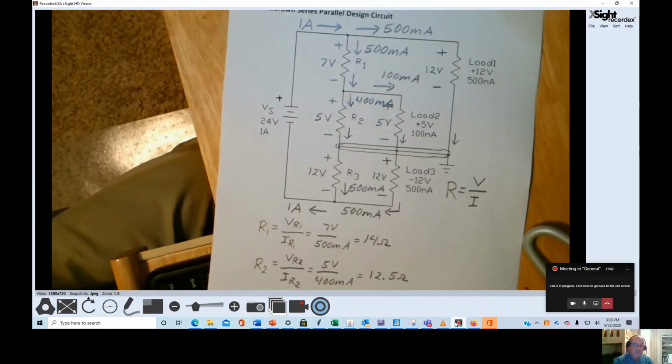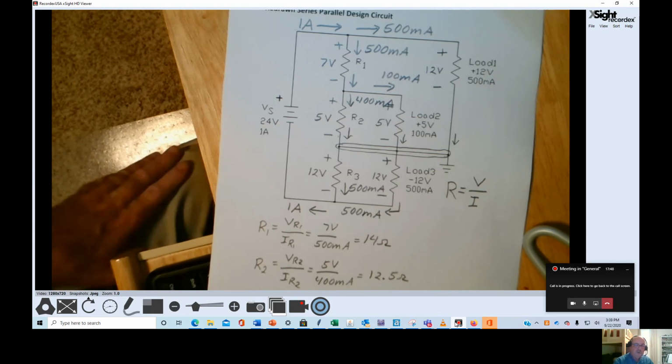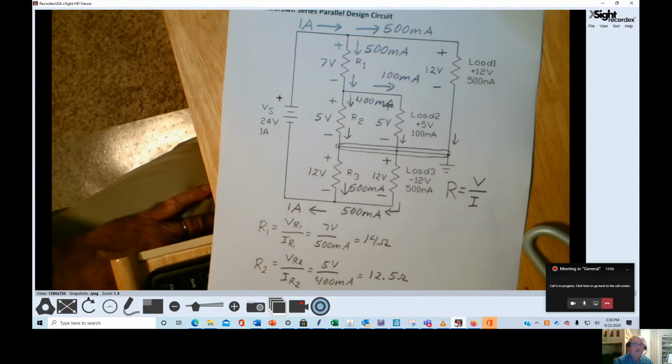So we were able to determine the value of these resistors by making use of Kirchhoff's voltage law to find the voltages across the resistors, Kirchhoff's current law to find the current through the resistors, and Ohm's law to determine the value of resistance once we knew the voltages and currents.